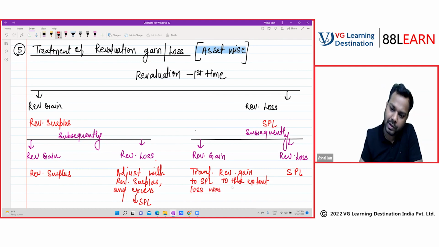Now, any excess should be transferred to revaluation surplus.